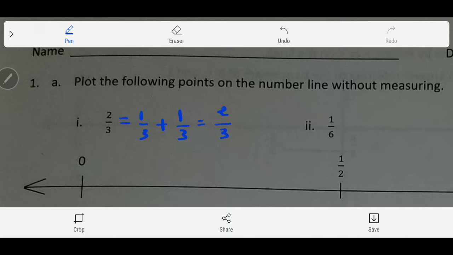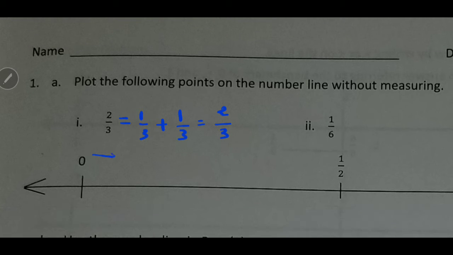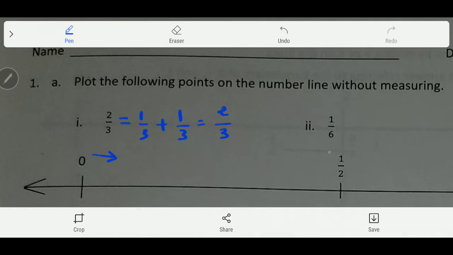Okay, so we want to know 2/3, is it before or after 0? Definitely it is after. It is bigger than 0, so it's going to start from here, somewhere going up. So is it smaller or less than 1/2?